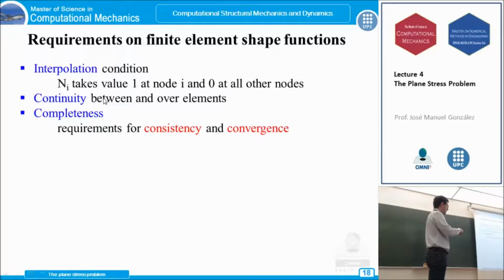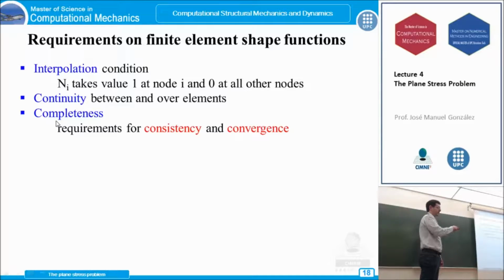The shape function must be continuous inside the element and with the next elements. And then the completeness condition, which affects the requirement for consistency and convergence. Consistency and convergence are two requirements of finite element modeling, which reclaim this completeness condition.